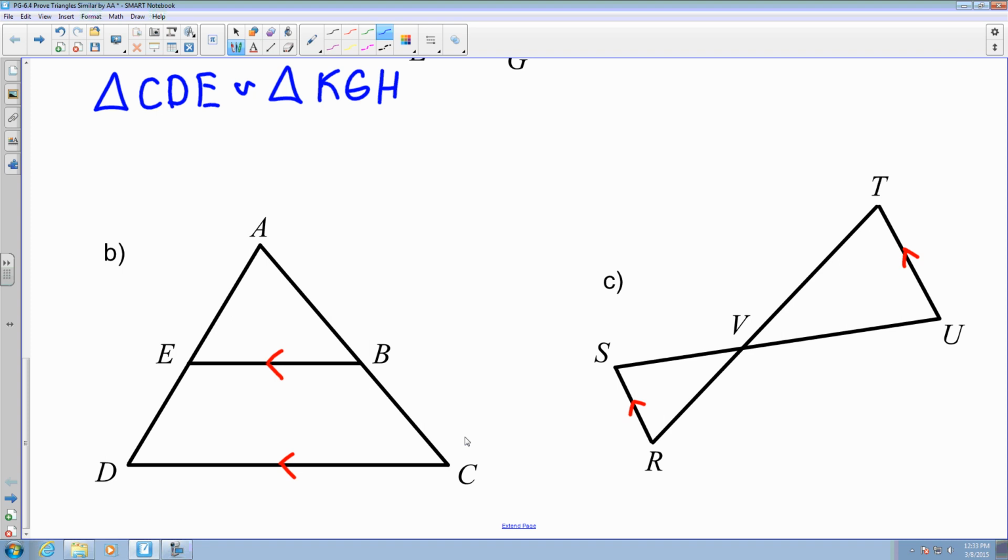Looking at example B, I have two triangles contained in there. So I have a triangle right here, and then I have a triangle right here. Okay. Let's go back.